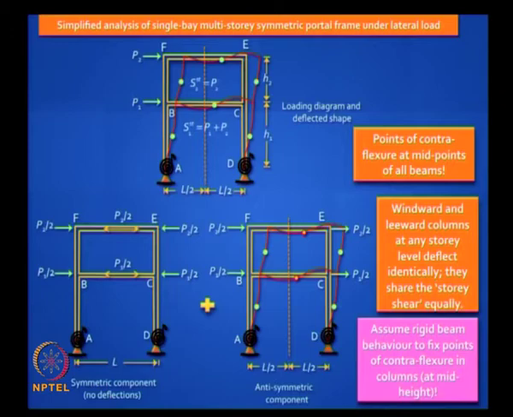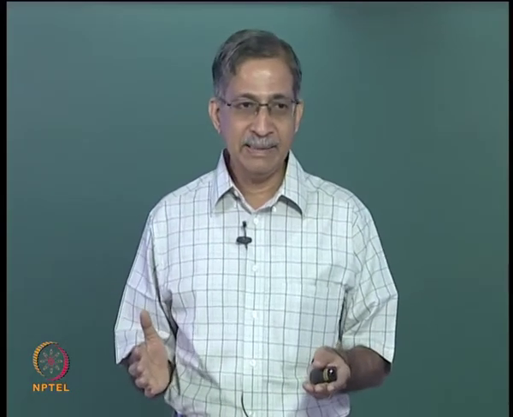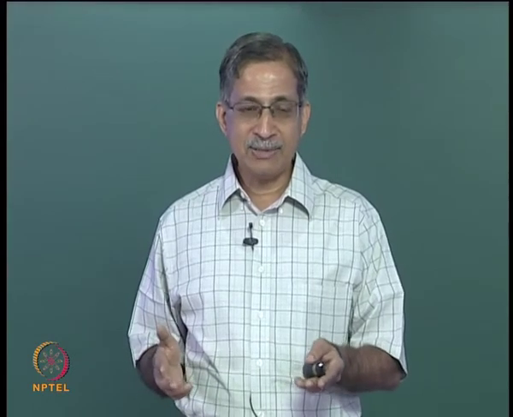It is true that the wind pressures are acting directly on the windward face, but on the leeward side also there is some suction, and so really the whole building is affected by the wind field. We have a concept of drag coefficient where you multiply the wind pressure with the drag coefficient and the exposed area, and you apply it for convenience on the windward face, but you recognize that it is actually including the leeward face as well, number one.